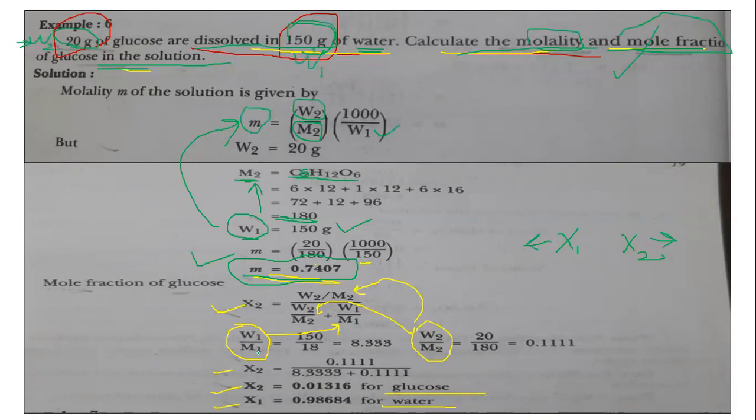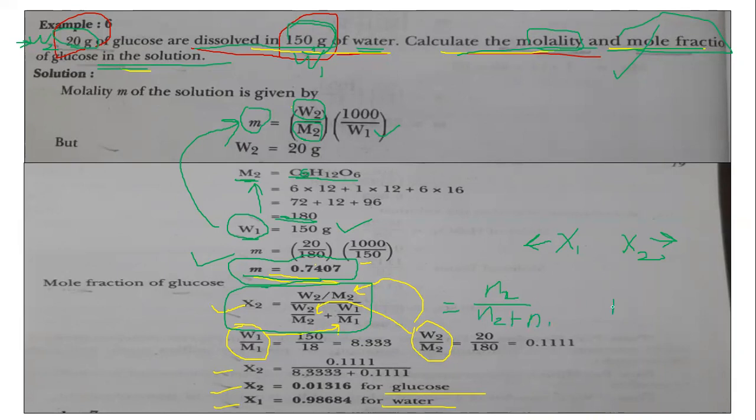So we have a formula now. How are we finding it out? It's x2 here. So you can write that x2 is equal to n1 upon n1 plus n2, or n2 upon n2 plus n1. Now you know n2.